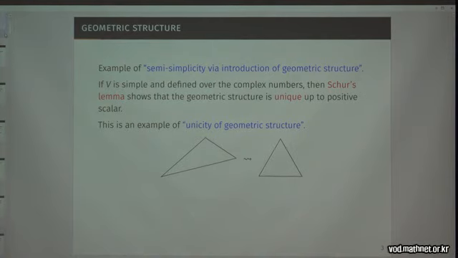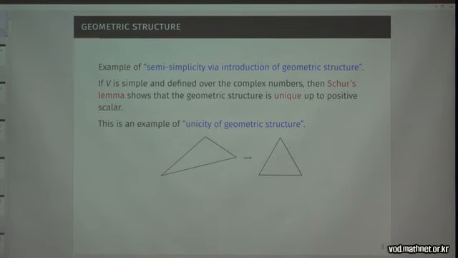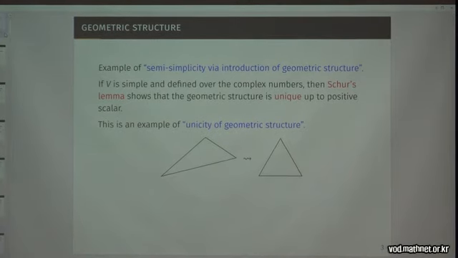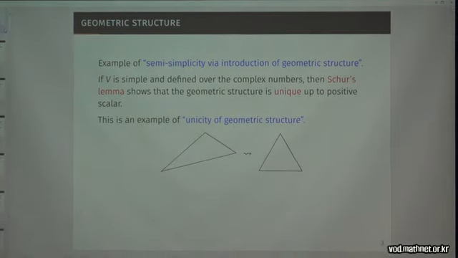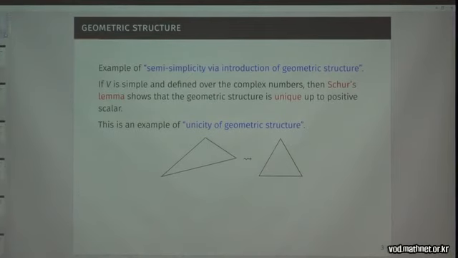Then on this vector space, there are many different notions of geometry, many different notions of, for example, when two vectors are perpendicular. But what this is saying is that if this vector space is equipped with irreducible symmetry under some group, then in fact there's a unique geometry up to scalar. It's one of these things that is often in mathematics both trivial and also very surprising at the same time.